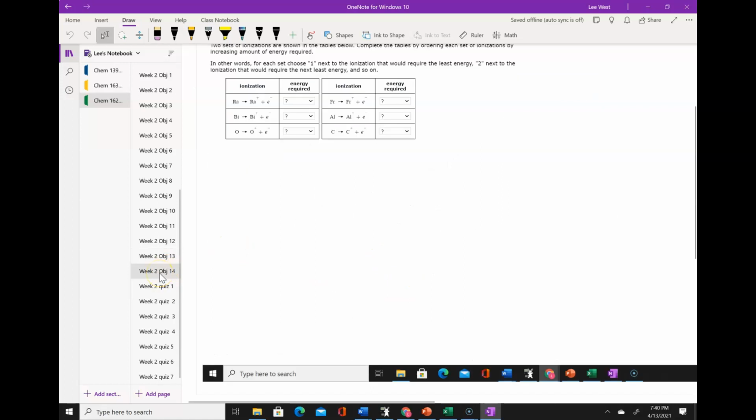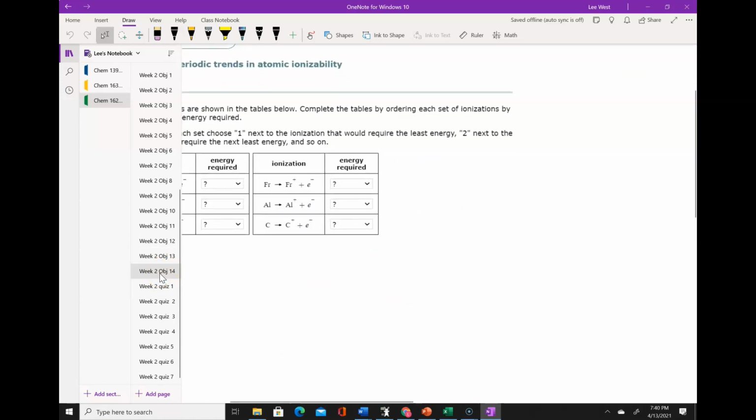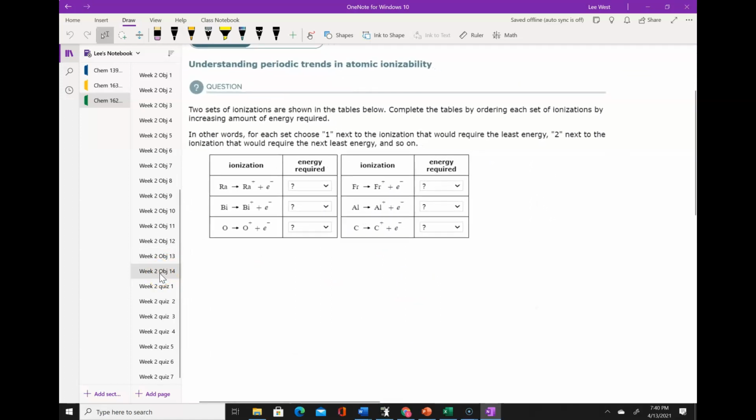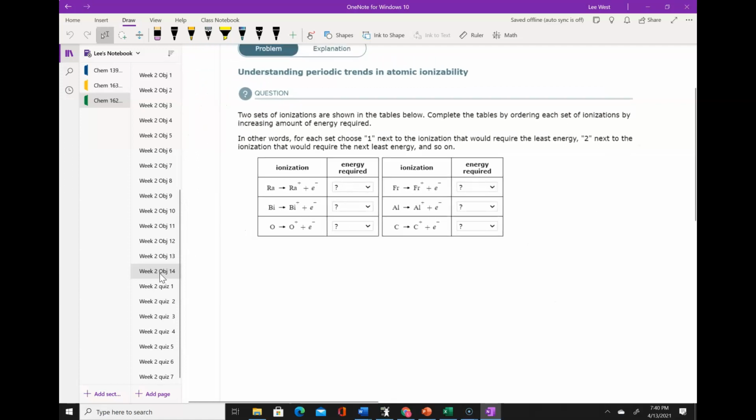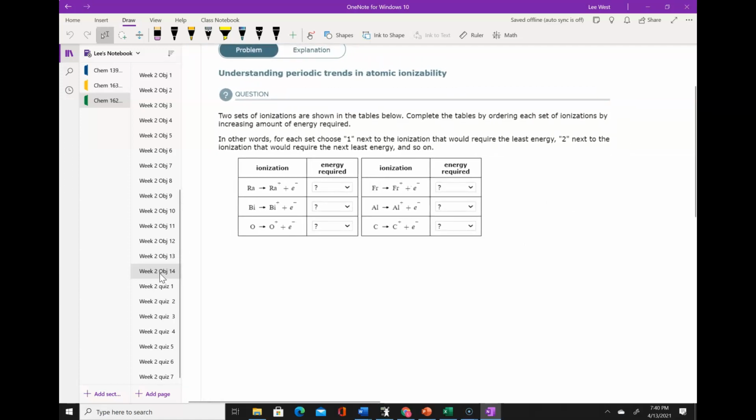Okay, last but not least. So what are we doing here? Two sets of ionizations are shown in the tables below. Complete the tables by ordering each set of ionizations by increasing amount of energy required.